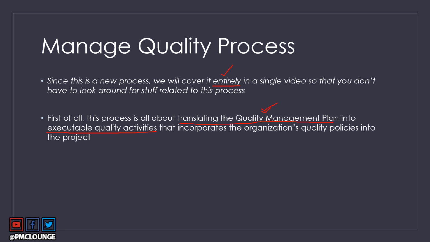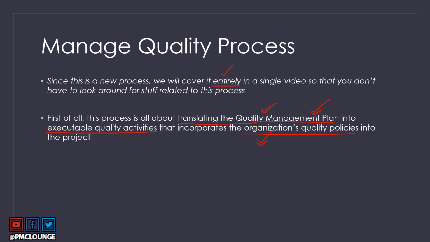Now, in addition to that, it also incorporates the organization's quality policies into the project. Your quality management plan will have the quality expectations from the project, but your organization will also have certain quality expectations from your project.